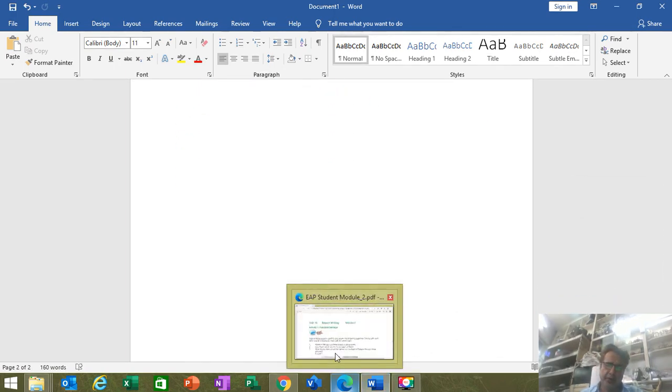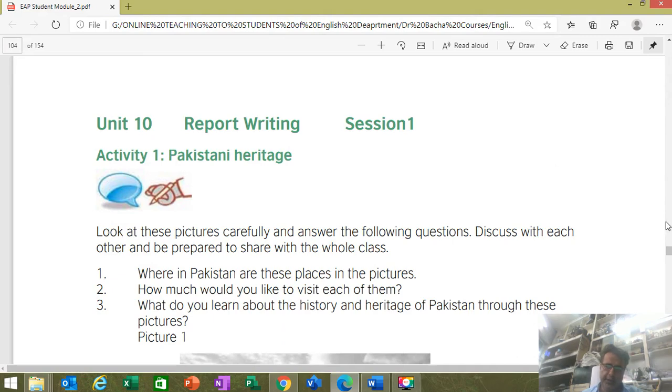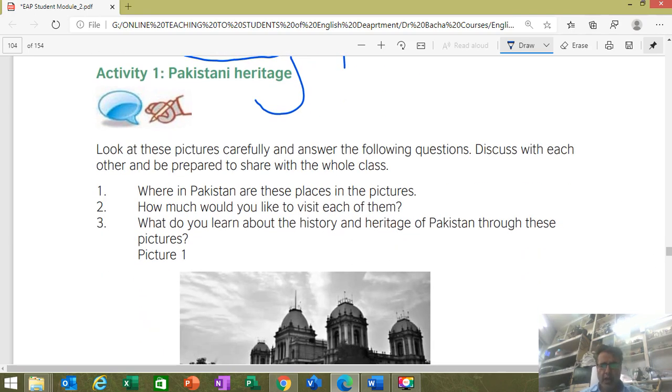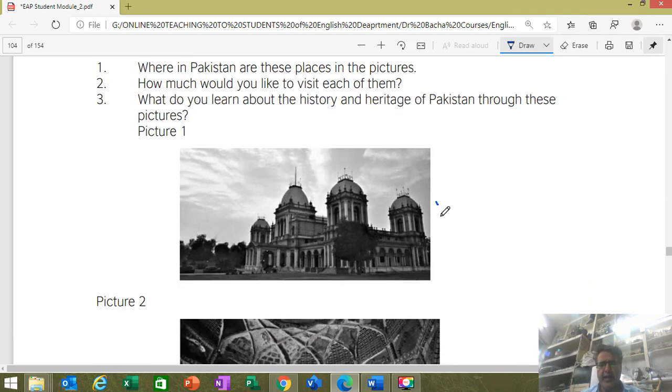Now I move on to your unit 10, where you are supposed to be reading about report writing. In session 1 we are going to talk about Pakistani heritage. You have to look at these different pictures and identify what these places are.